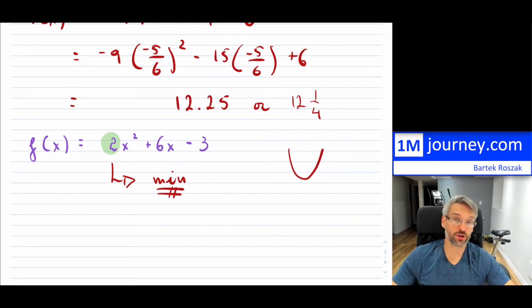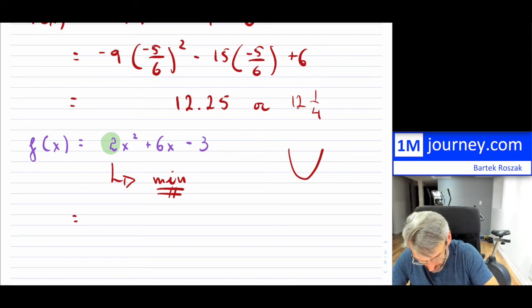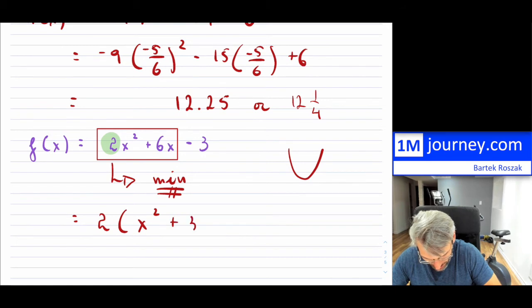Now, sure, I can find the line of symmetry again, like I did in the previous example. But to show you a different method, I'll change this back and complete the square. In terms of completing the square, I will use these first two terms, and I will take out the 2 first, because I want to get rid of that.